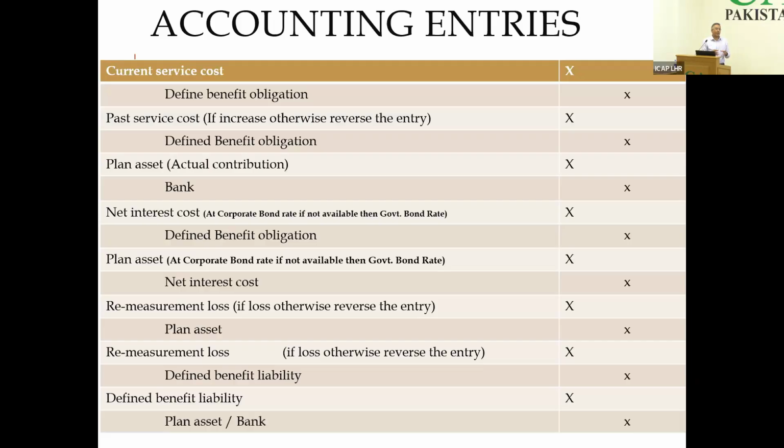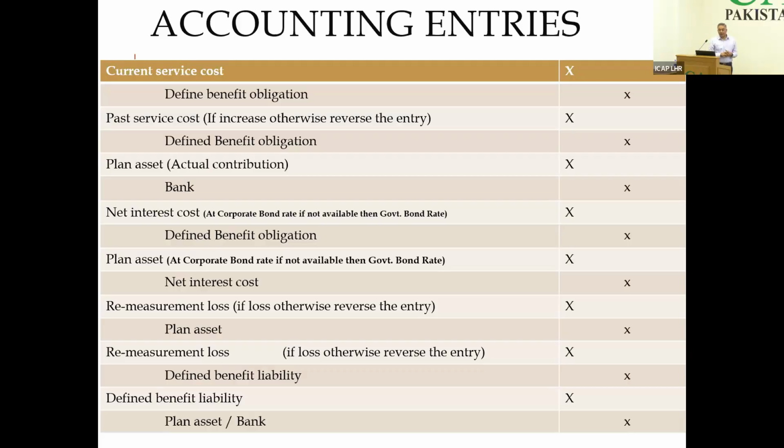This standard requires that you will recognize expected return, and at the end of the year you will compare your expected return and actual return. The difference will be your remeasurement adjustment, which will be recognized in other comprehensive income. So it's very important that return on plan asset is recognized at an expected amount, which is the interest rate you are using for discounting your defined benefit liability.